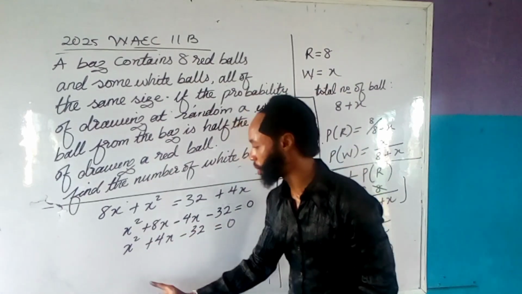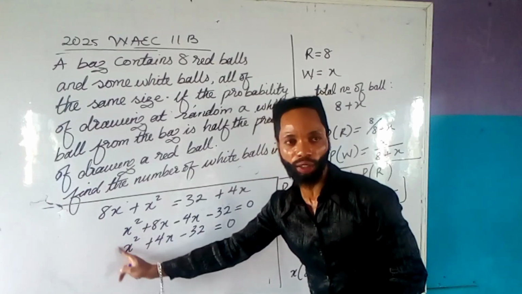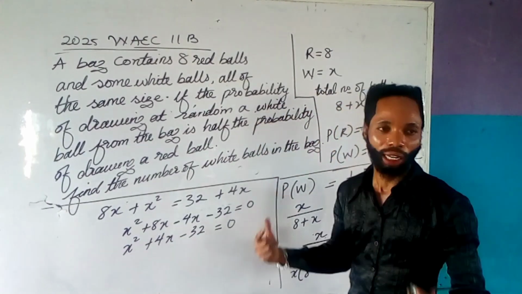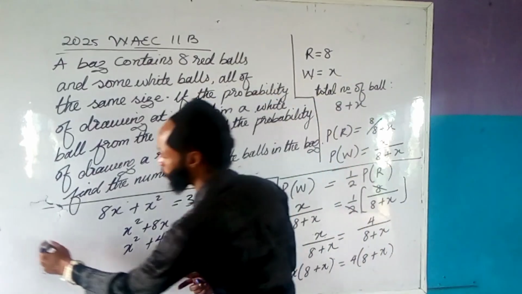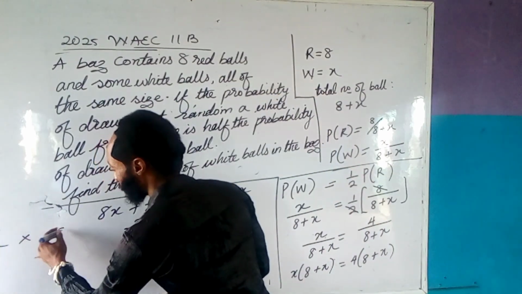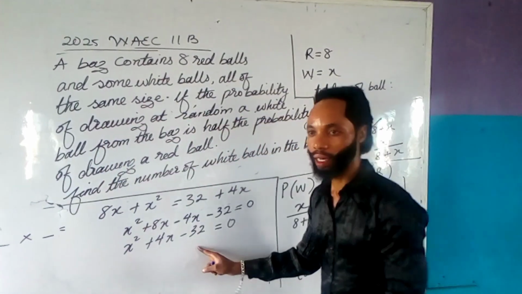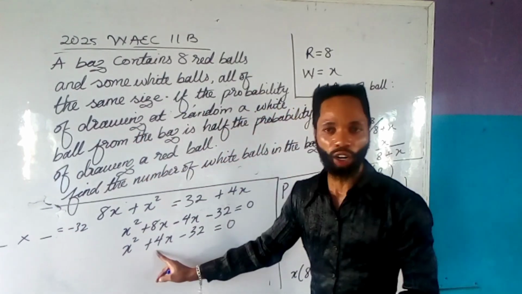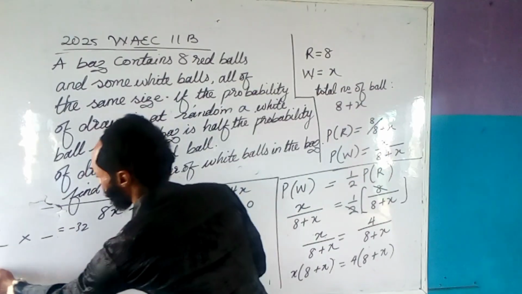Now, the coefficient of this quadratic term is 1. 1 times negative 32 is negative 32. So we are looking for 2 numbers that multiply to give us negative 32 and add up to give us 4.